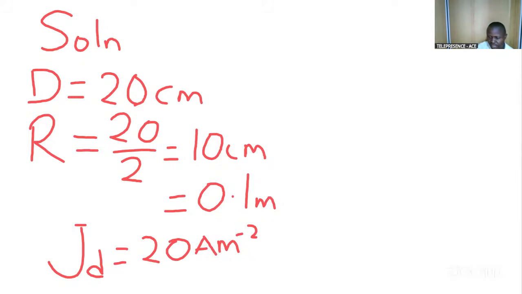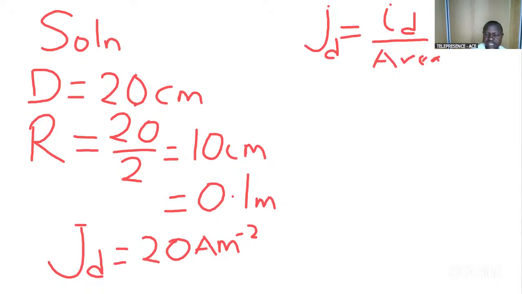So we have to relate the current density with the displacement current. What's the relationship between current density and the displacement current? Current density is equal to the displacement current divided by the area.